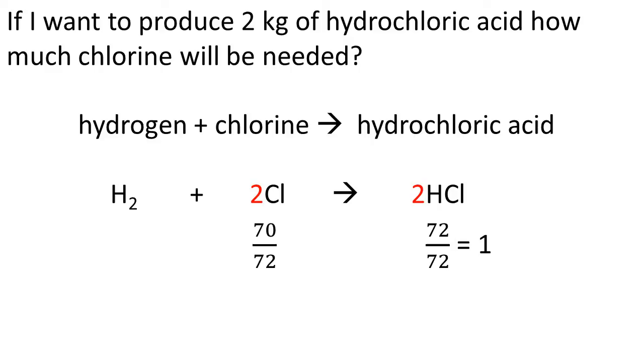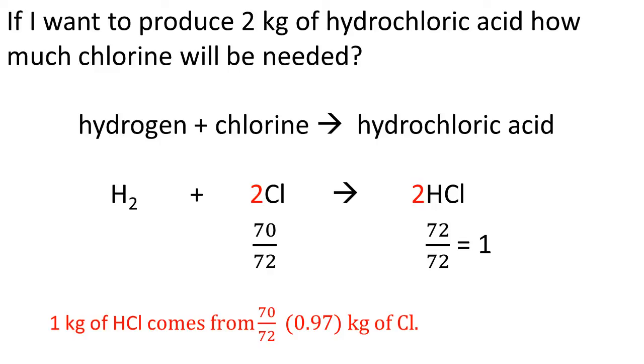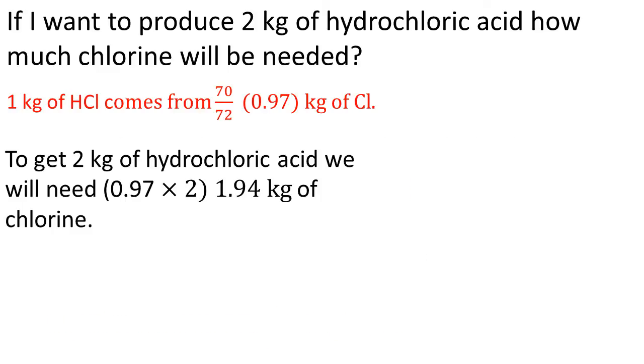So we divide that by 72, and what this tells me is 1 kilogram of hydrochloric acid comes from 0.97 kilograms of chlorine. Now, the question didn't say 1 kilogram, it said if I wanted to produce 2 kilograms. So if 1 kilogram comes from 0.97 of chlorine, then to get 2 you just have to multiply 0.97 by 2, and that gives us 1.94 kilograms of chlorine.